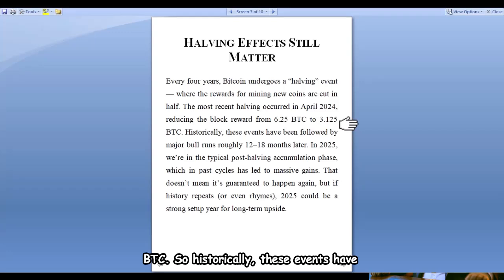Historically, these events have been followed by major bull runs roughly 12 to 18 months later. In 2025, we're in the typical post-halving accumulation phase, which in past cycles has led to massive gains. That doesn't mean it's guaranteed to happen again, but if history repeats or even rhymes, 2025 could be a strong setup year for long-term upside.